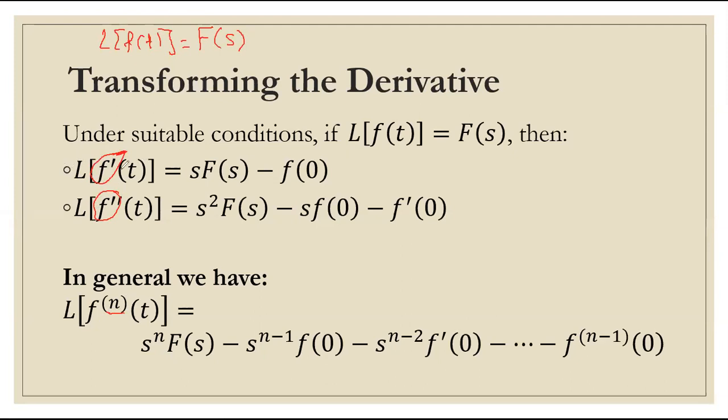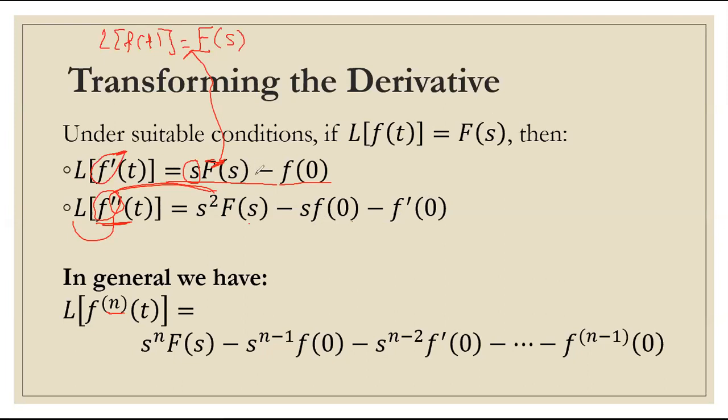The Laplace transform of the first derivative is given by this formula: s times capital F, which is Laplace of my function without any derivative, minus f of 0. Second derivative, Laplace of the second derivative, it is s squared, notice, 2 primes, s squared of capital F of s minus s f of 0 minus f prime of 0.